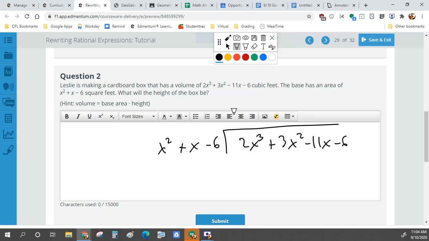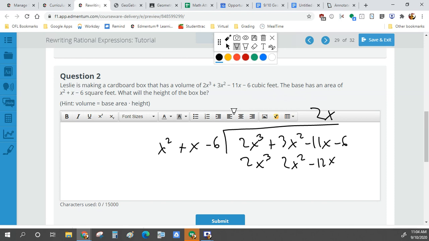So if I do this, how do I get this 2x cubed? Well, I'm going to just multiply it by 2x. So it goes way over here because it's an x. So this becomes 2x cubed, 2x squared. And then this is going to be negative 12x because I'm multiplying it here.